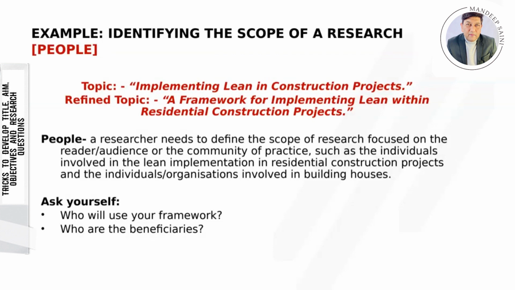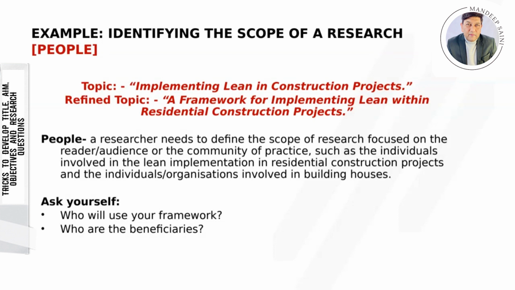The people who have been with me on one of the modules, we have learned that if you are going to implement lean, it is a joint effort. Everybody has to implement lean. So that framework could be useful for all the people involved in construction, or all the organizations involved in construction: contractor, main contractor, subcontractors, or maybe the suppliers as well.